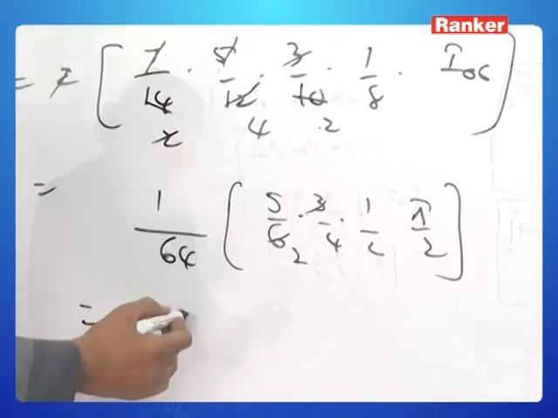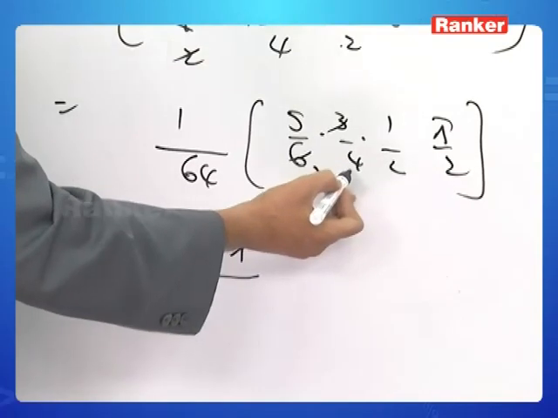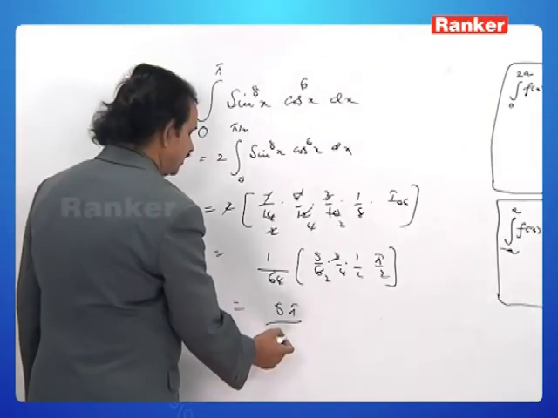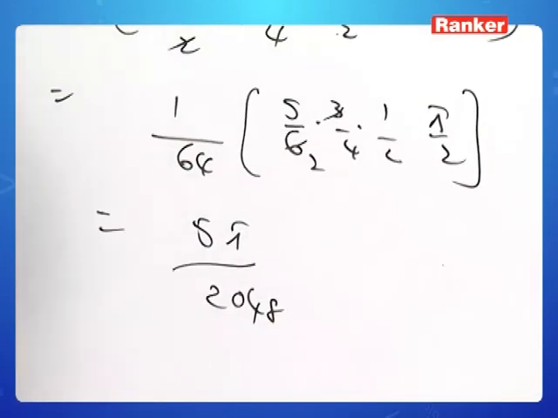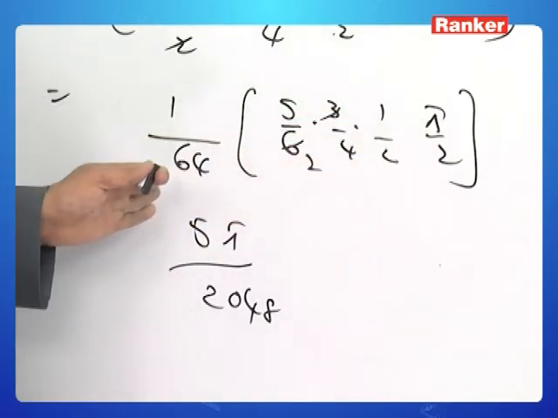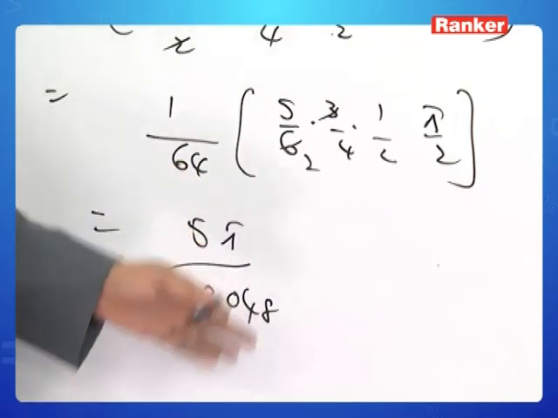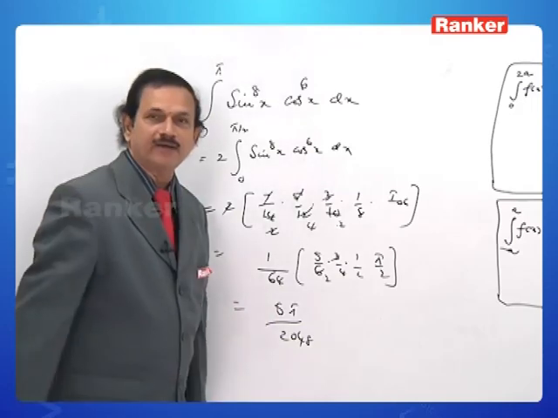Nothing else. So 5 pi by 2 power 11, that is 2048. 2 4s are 8, 8 2s are 16, 16 2s are 32. 32 is 2 power 5. 2 power 5 into 2 power 6 is 2 power 11. 2 power 11 is 2048. 5 pi by 2048 is the answer.